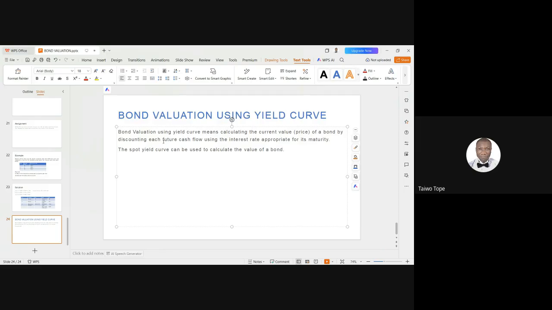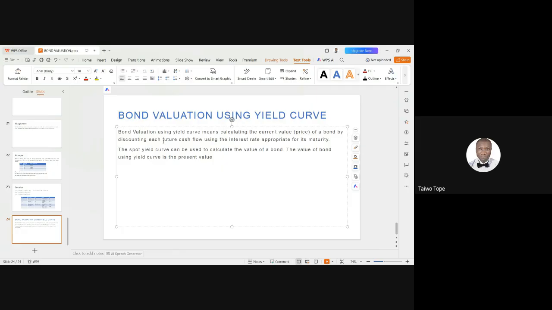So the value of a bond using yield curve is the present value. Please underline this in your note. Is the present value. So as you read, you have meaning to it.